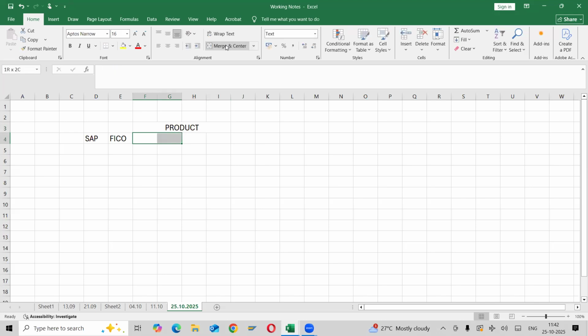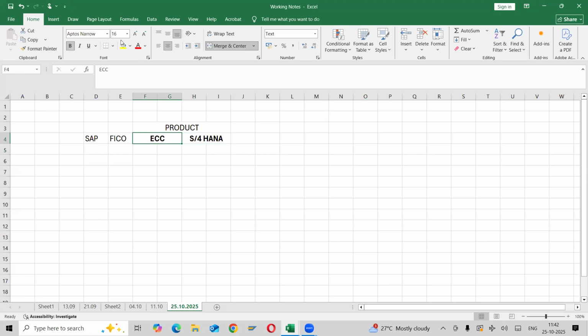One product is ECC, another one is S4 HANA. These are the two products. This is SAP product one, and this is product two.